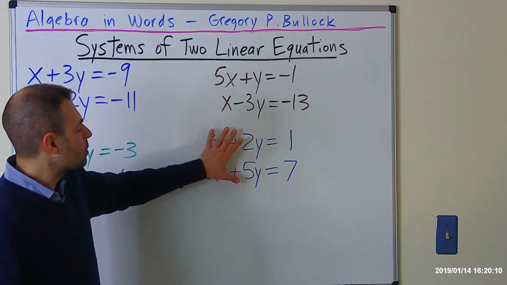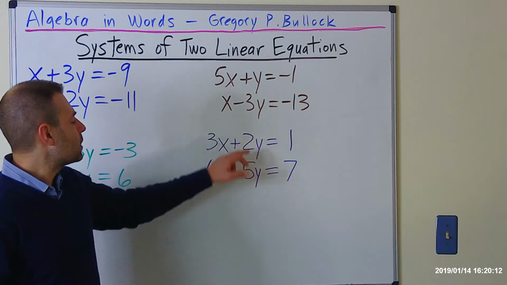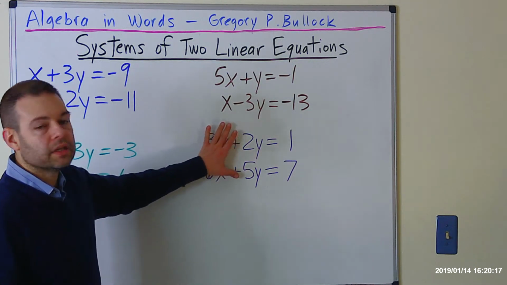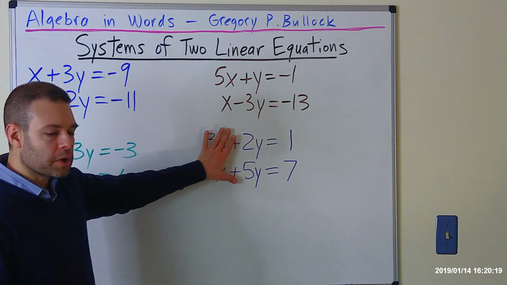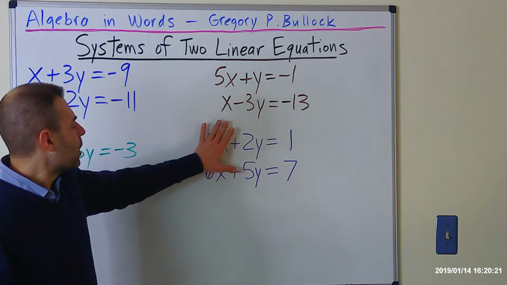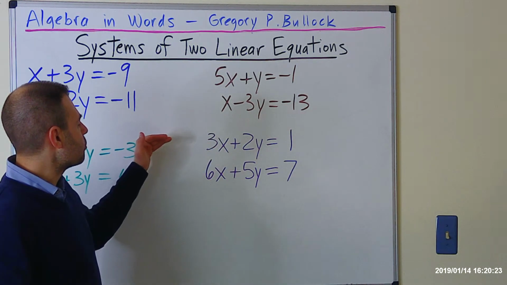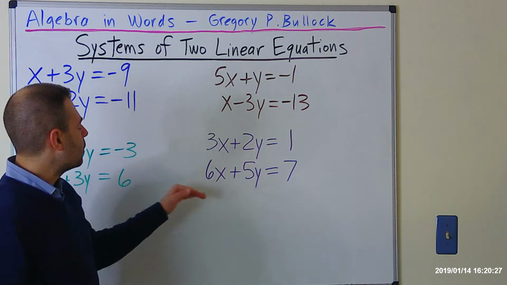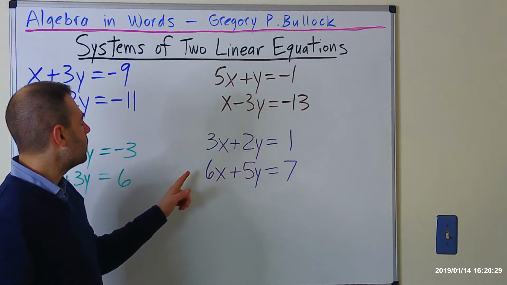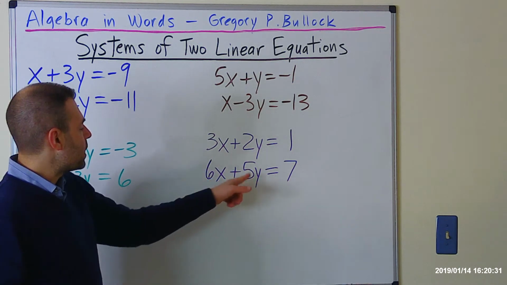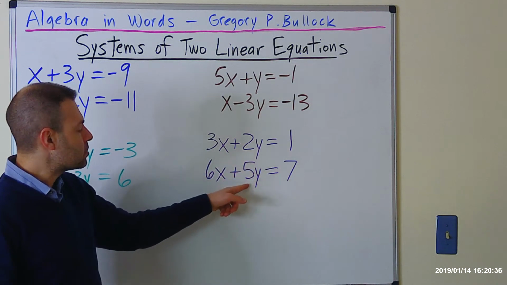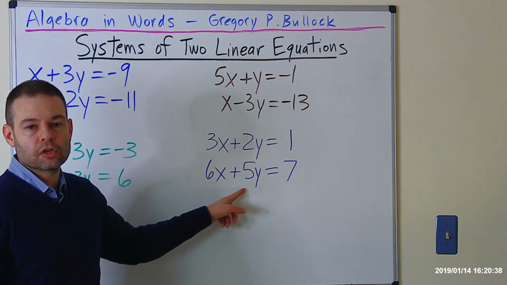Whereas if we compared the y terms, we would actually have to do a conversion of both of them. If we wanted to eliminate the terms with y, we might want to multiply the top equation through by -5, which would make -10y, and multiply the bottom equation through by 2, because then it would make this term 10y, and -10y plus 10y would then eliminate the terms with y.